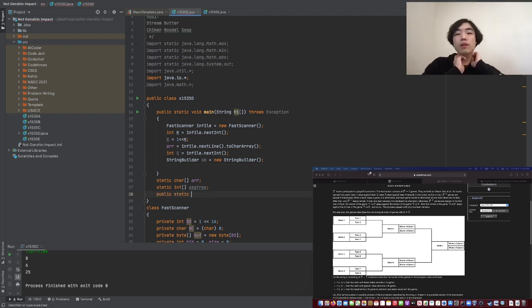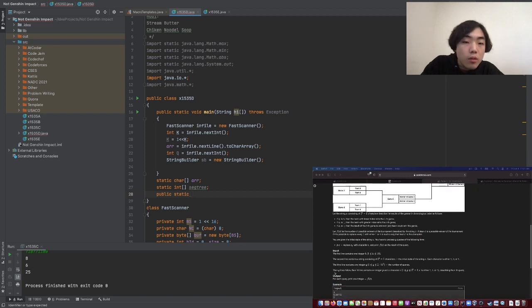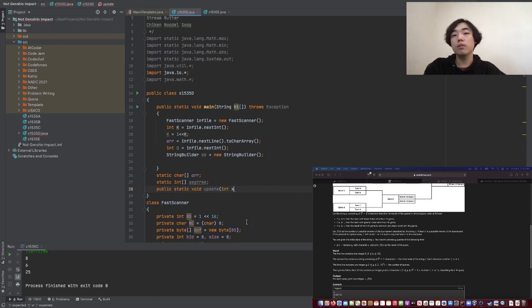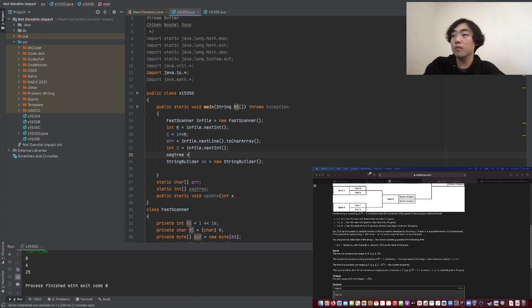Static. Okay, what do we need? I guess the query is just query everything, right? We consider the result after all of these games happen. Like public static void update, we want to update this node ID with segtree is equal to new.